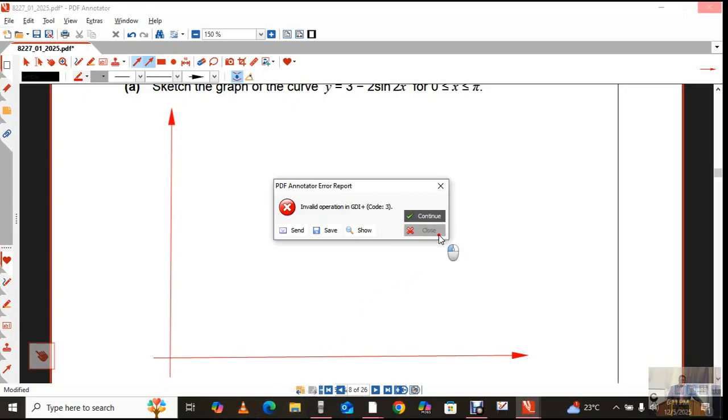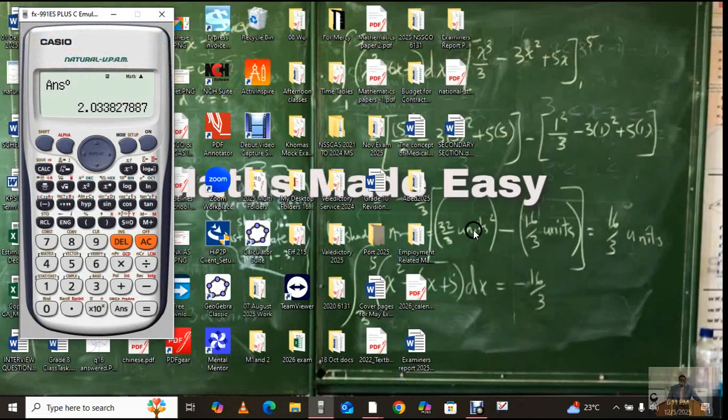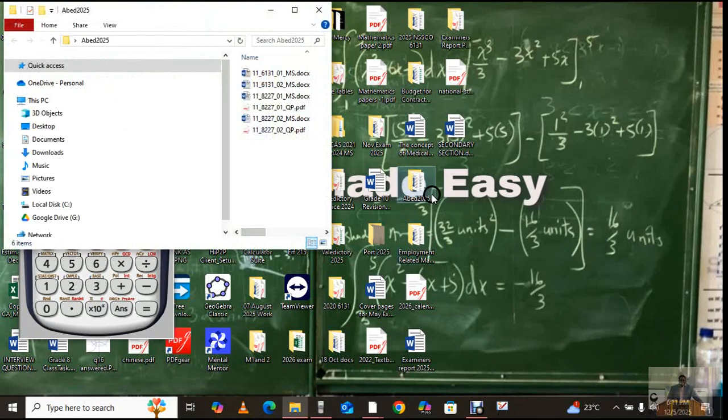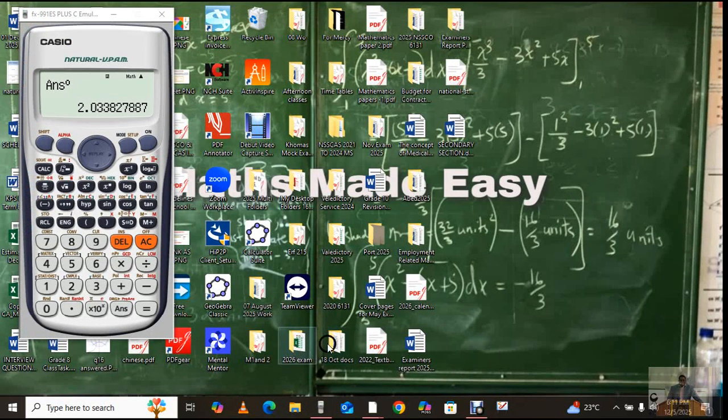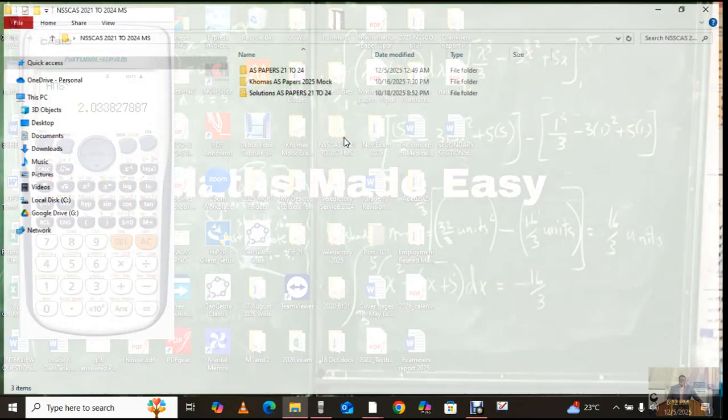It's going to be interesting. So just bear with me while I find this particular graph, so to speak. It's one of those things. Technology.